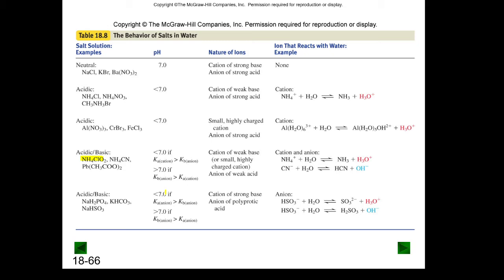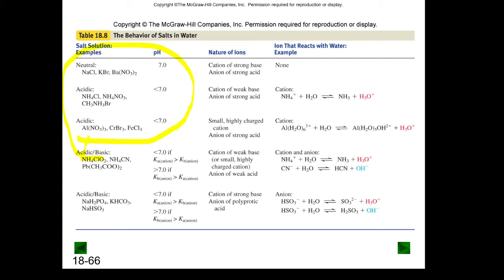If I were to give you those on an exam, I would have to give you the Kas and Kbs of the cation and the anion. I'm going to focus more on these right here based on time constraints.